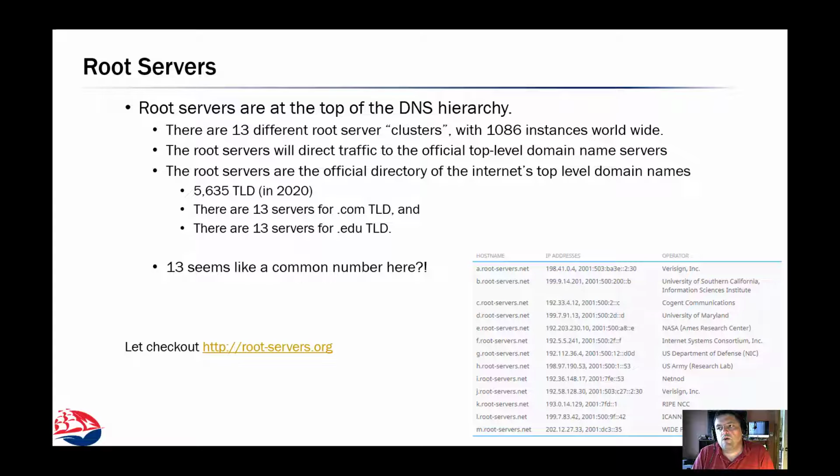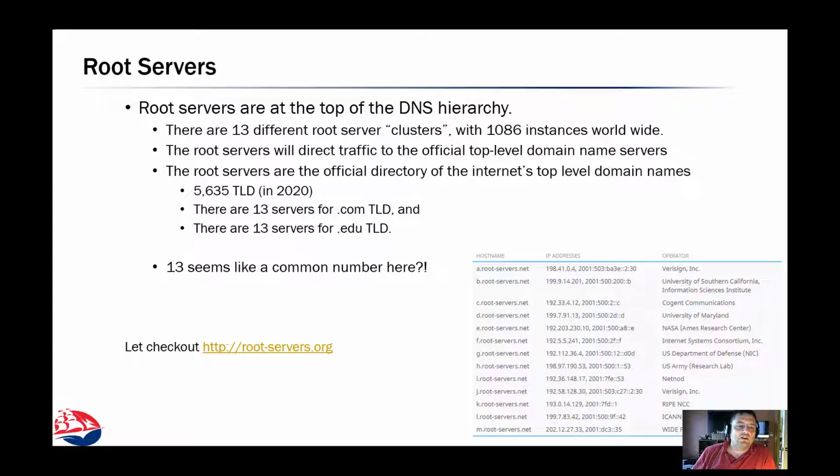And part of the reason why 13 shows up here is because 13 IP addresses happens to fit inside a single UDP message. So this is one of those interesting times where, for performance reasons, the applications engineers paid attention to what one packet of the transport layer holds. Let's fit our message inside one packet so that we don't have to send 2 packets for every request or 100 packets for every request.